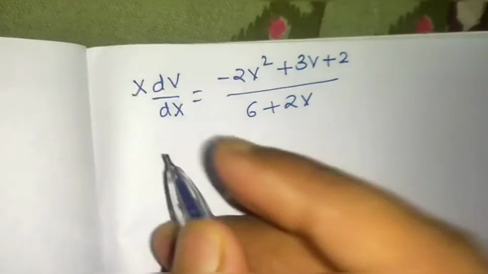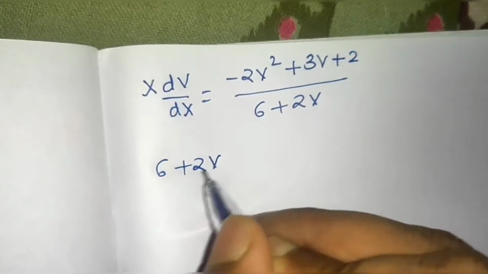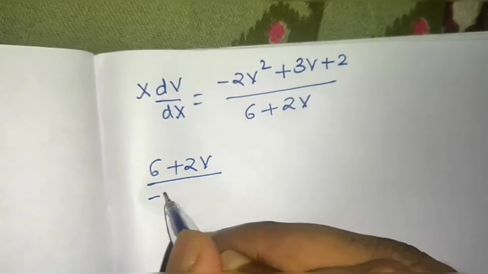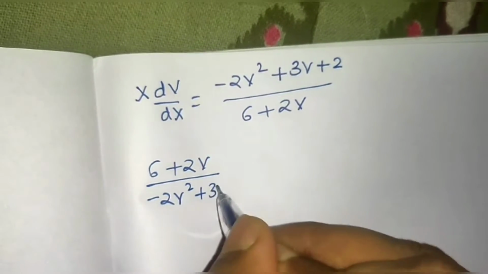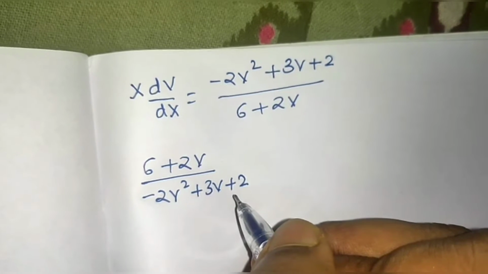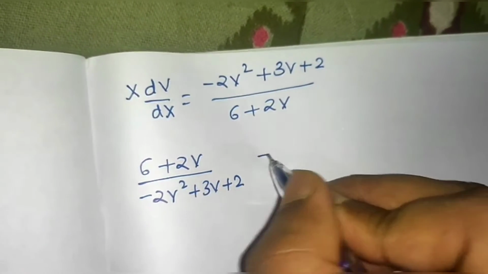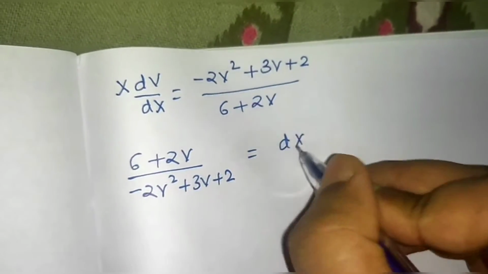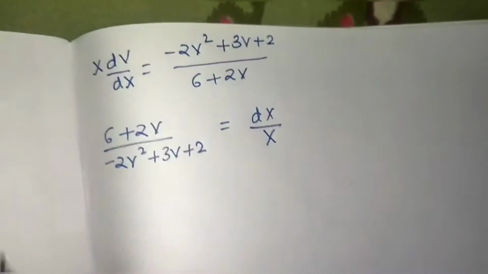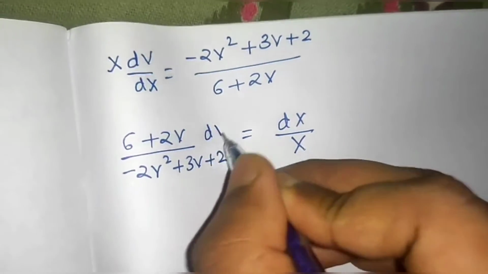Okay, we can separate the variables. So 6 plus 2v divided by minus 2v square plus 3v plus 2 is equal to dx by x. With this we have dv also.